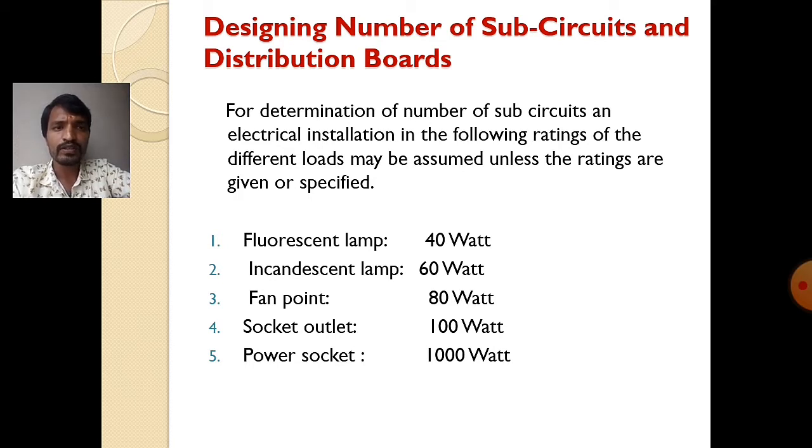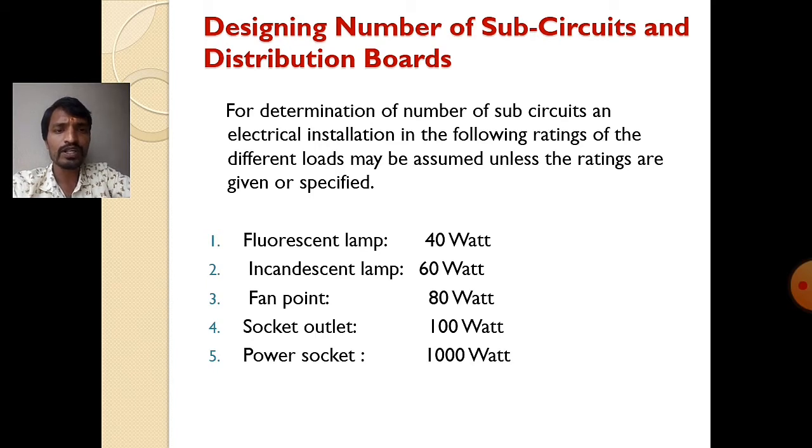A ceiling fan is a fan point. By that we can decide the number of subcircuits. The general power rating of a fluorescent lamp is 40 watts. For an incandescent lamp, the power rating is 60 watts. For a fan, the rating is 80 watts.